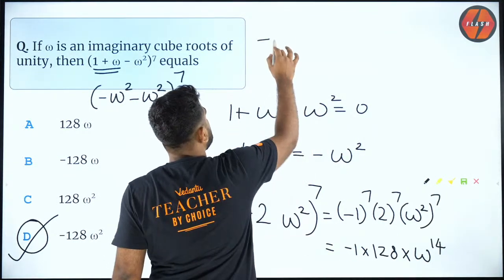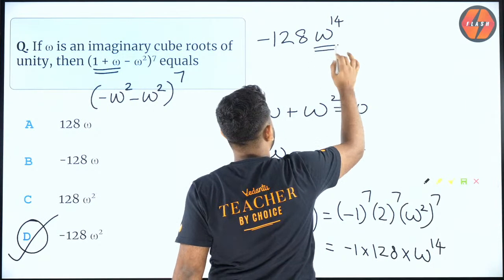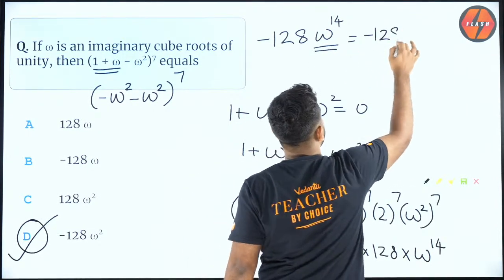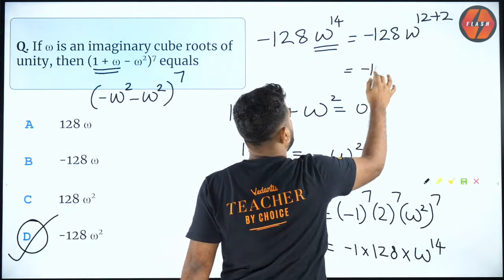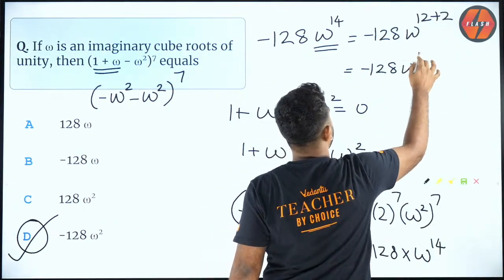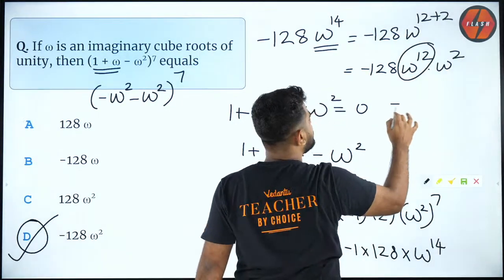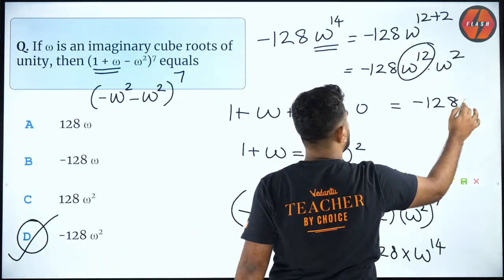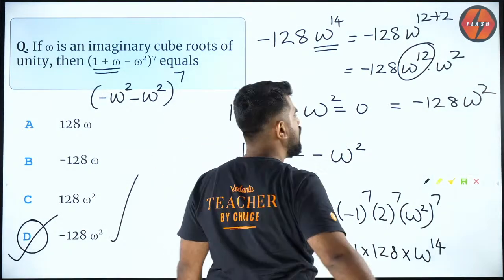So it is minus 128 omega power 14. What is omega power 14? I can write it as omega power 12 plus 2. So that will be minus 128 omega power 12 into omega square. Omega power 12 is 1. So it is minus 128 omega square, which is option D.